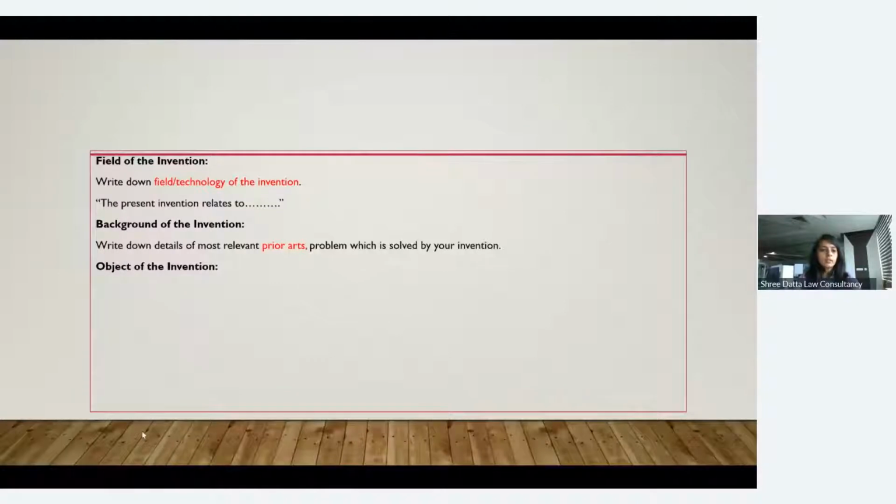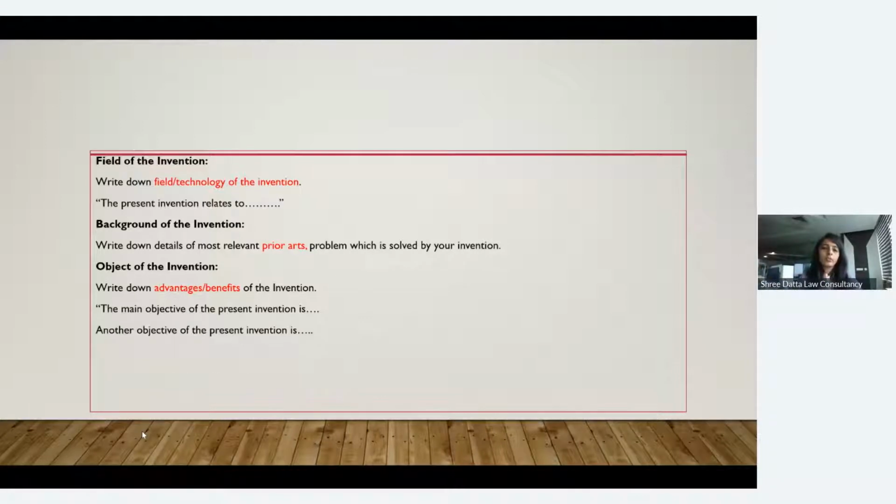Coming to the object of the invention, or the objective of the invention, that covers all the advantages and benefits of the particular invention, which you have to write in the objectives. The language is fixed: the main objective of the present invention is, and then you write the advantage or benefit of that invention.